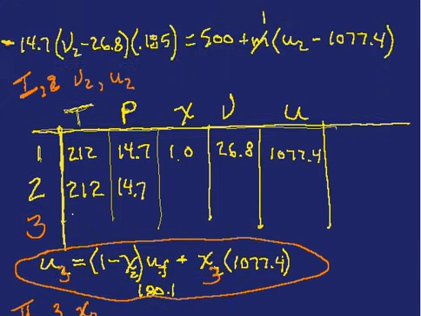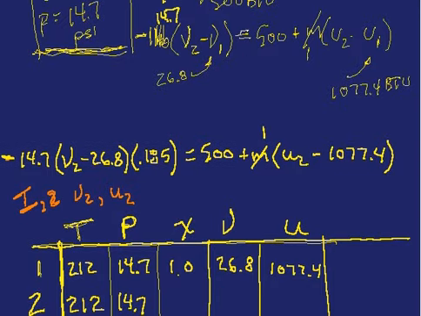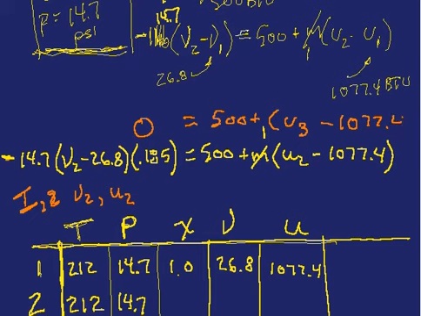Our energy balance will change, so our energy balance will now be 0 work equals minus 500 plus U3 minus U1, which is 1077.4. So equation 1 looks a little different. There's one equation and one unknown, U3.